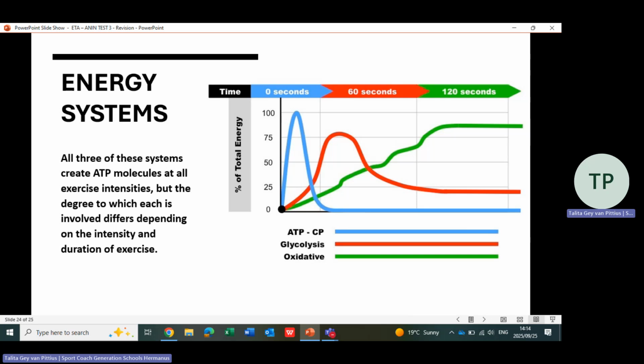It is a longer duration, slower intensity type of exercise, and you need to know which energy system is predominantly active during which type of activity. You also need to know after how many seconds or minutes the energy system will slow down and when the other systems will take more predominant part in the energy production of your body. So that is the energy systems.